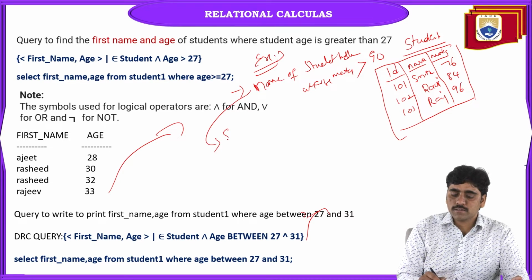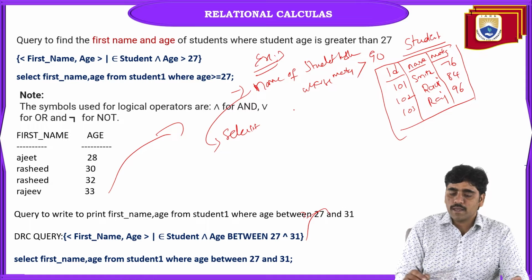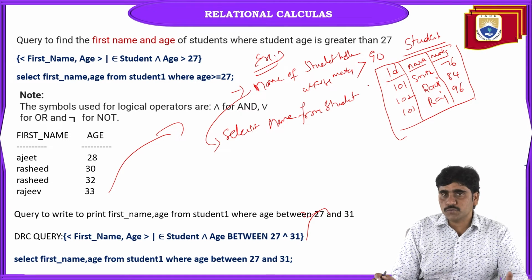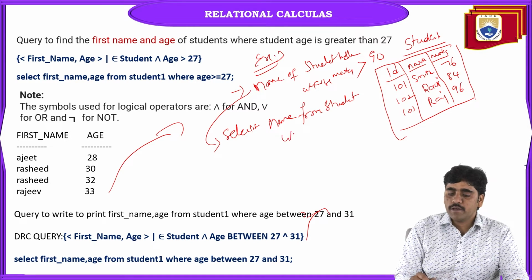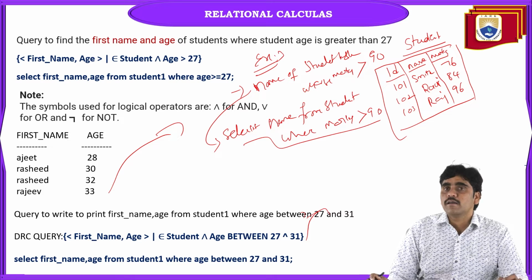Generally we can write: select name from student where marks greater than 90.